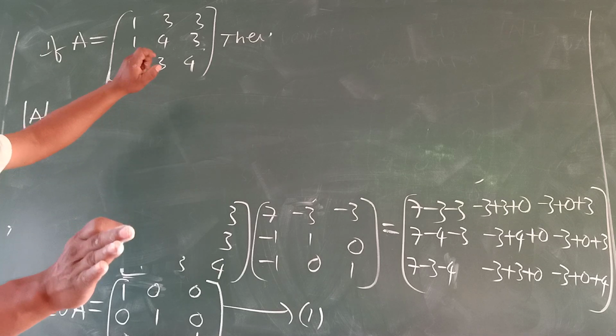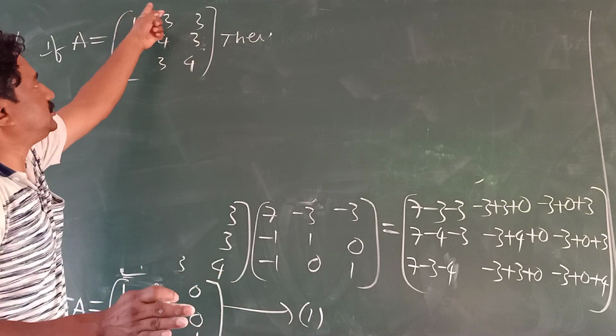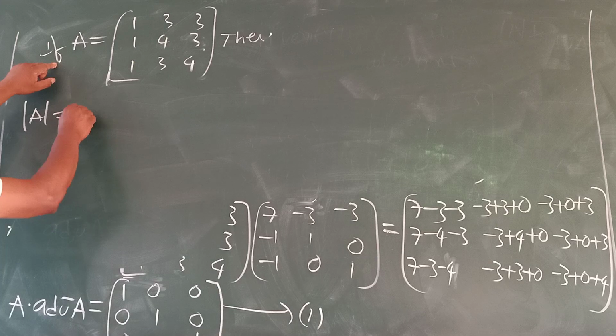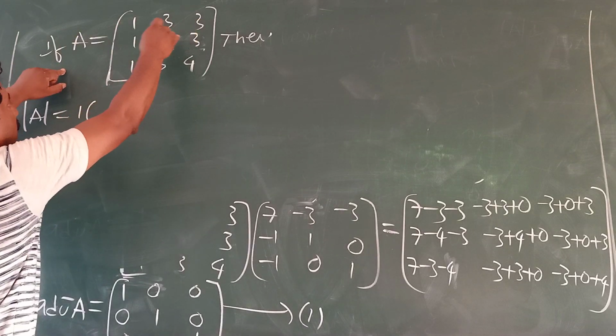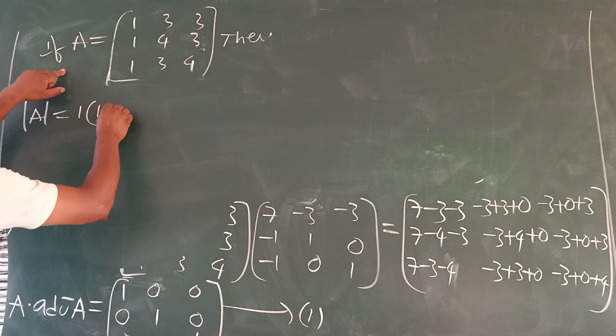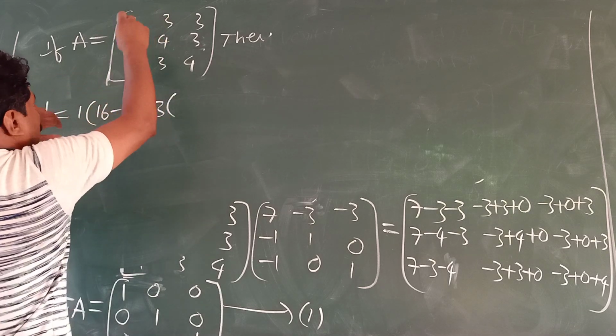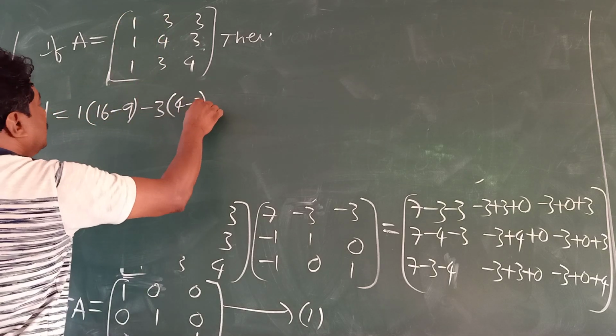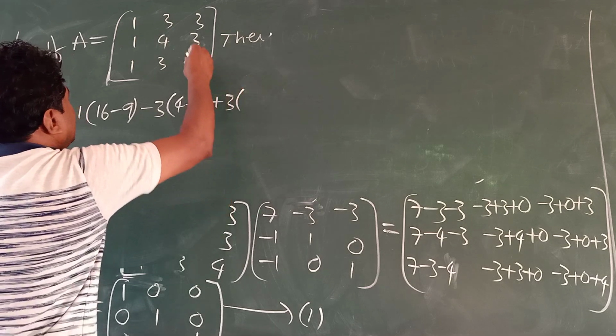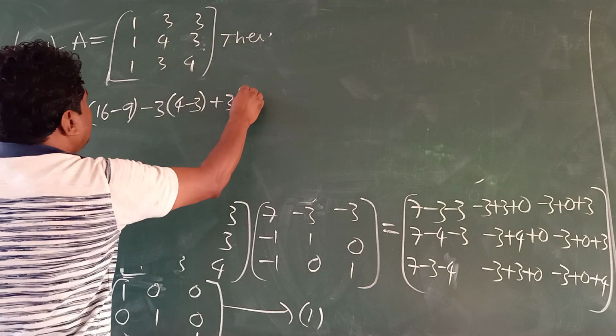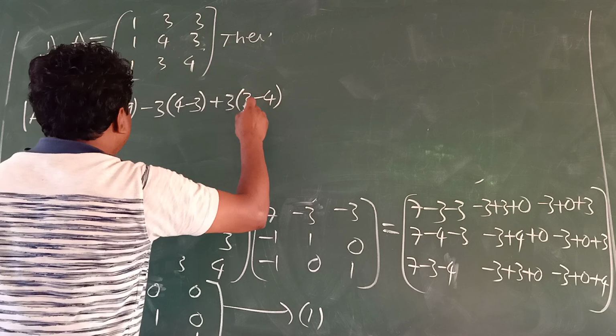So det A is plus 1 into (4 times 4, 16, minus 9), minus 3 into (4 minus 3), plus 3 into (3 minus 4). Simplify this.